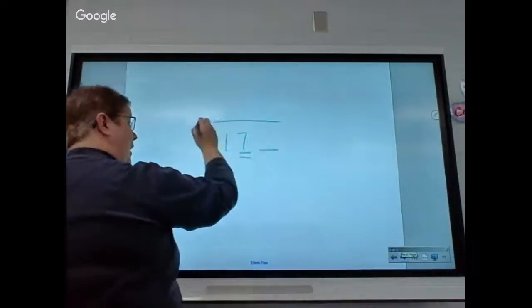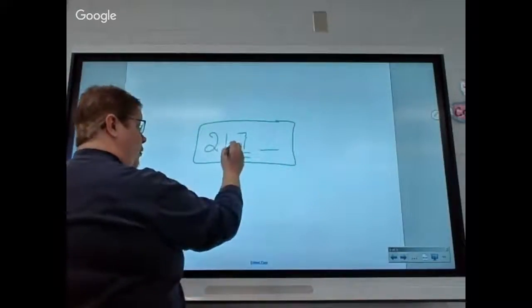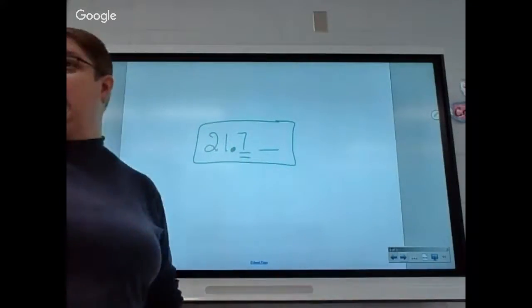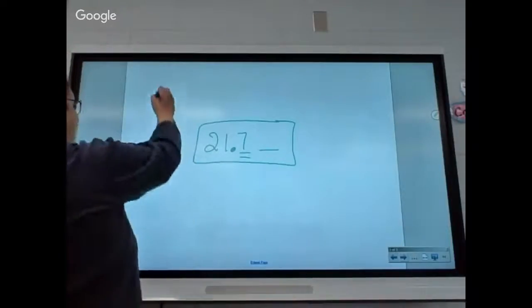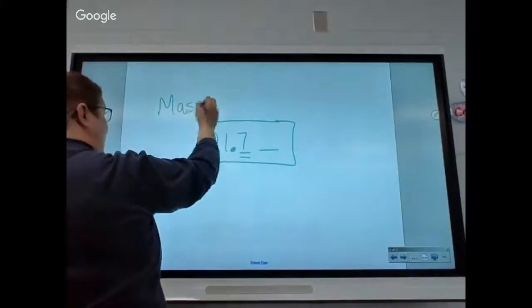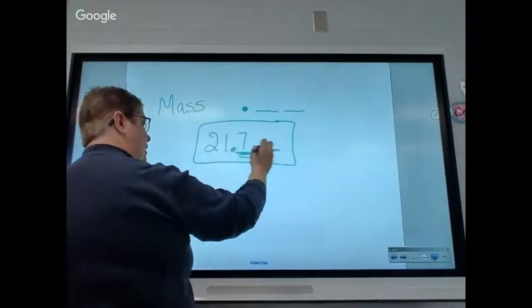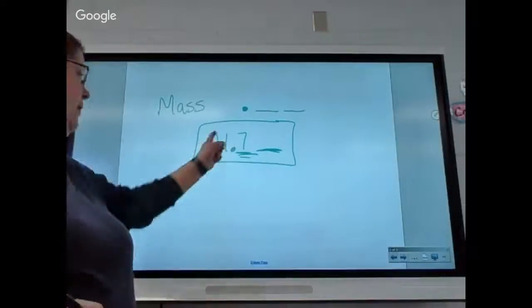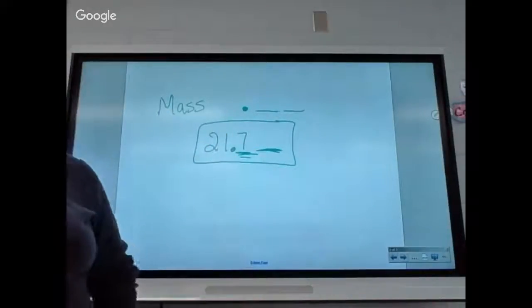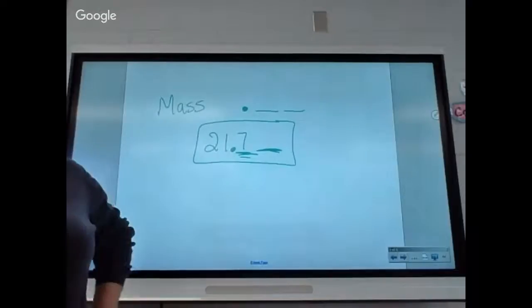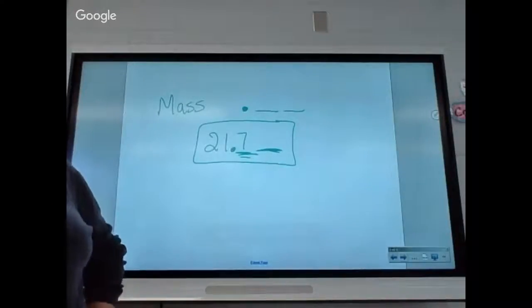So you're going to have how many numbers behind the decimal when you read? 2. So when you're looking at your data table today, and you got a mass, which you just told me had how many places behind the decimal, and you look at your measurements for length, width, and height, it's going to have how many places behind the decimal? 2. If you look at your data table and you go, I only got 1, what should you say? You better do something to fix it or you're going to lose points for significant digits. Okay? It has to have 2 places behind the decimal.